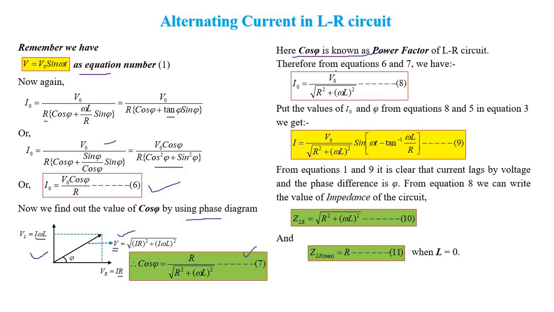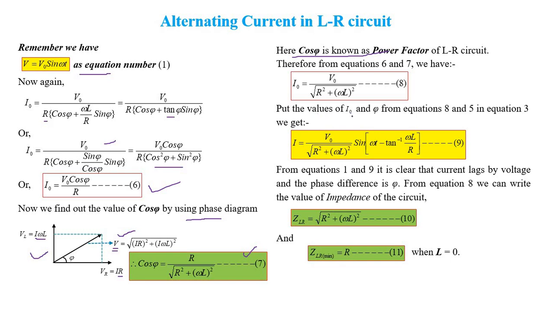We call this the power factor of the LR circuit. Now we put the value of cos phi from equation number 7 to equation number 6. We will get I0 is equal to V0 upon root over R square plus omega L whole square. So now we can find out the value of phi.